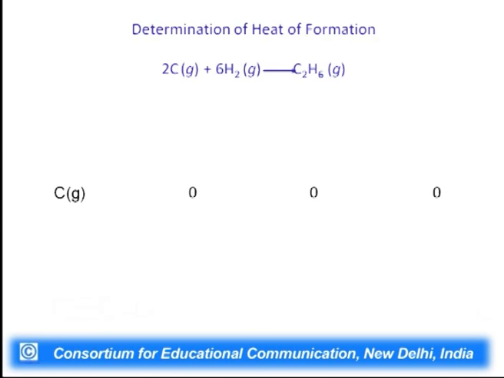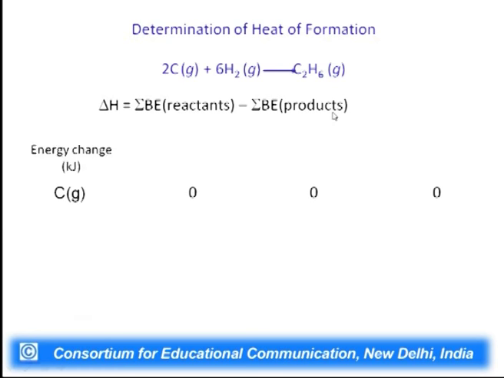You can determine heat of formation using the bond energy. For example, take the case of 2 C gas plus 3 H2 gas giving C2H6 gas. In this case, delta H is equal to sigma bond energy of reactants minus sigma bond energy of products.